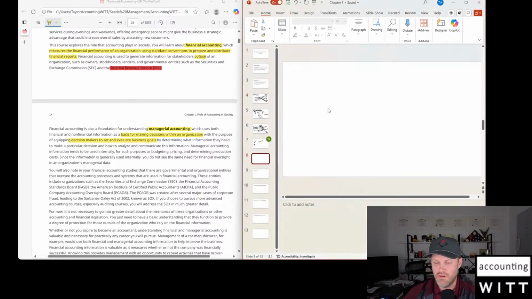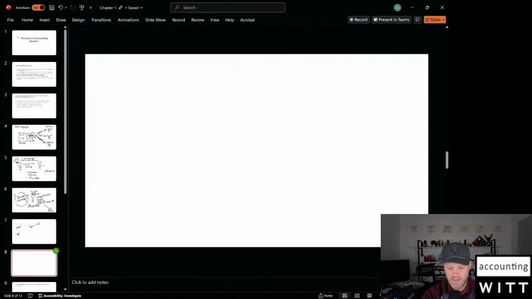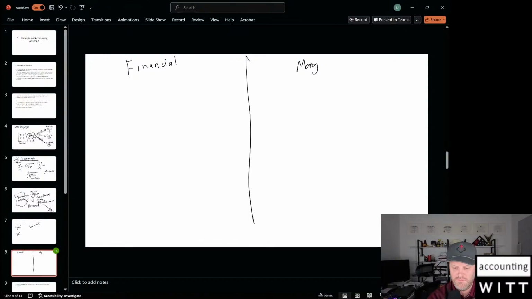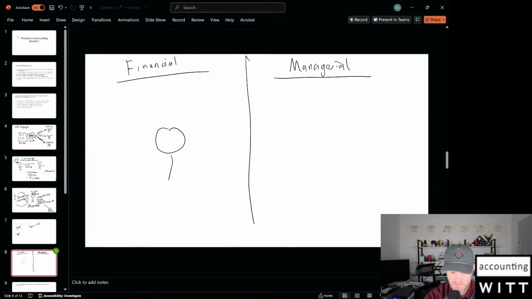So let's just reiterate this. In financial accounting versus managerial, the decision maker in financial is an investor or a lender, like a creditor or an owner, and they're trying to make a decision, usually of risking money on someone else.